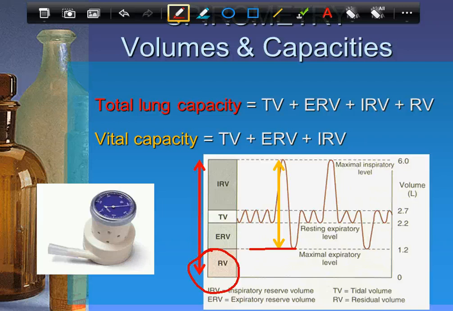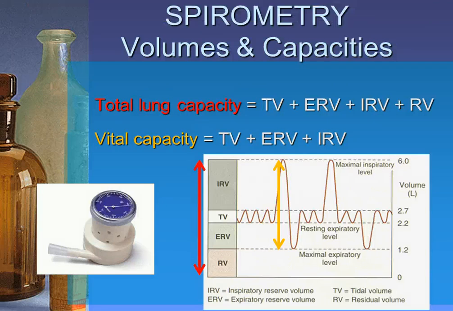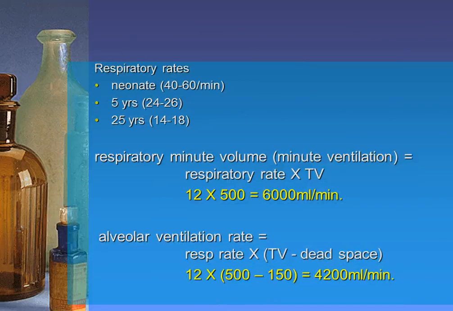Now if you add residual volume to these three volumes, remember this is equal to vital capacity, you've got total lung capacity, TLC. There's no way to measure that because you can't measure residual volume, but you can measure vital capacity. By the way, the picture that you see over here at the bottom left is a spirometer. We'll be using it in lab to measure expiratory volumes.